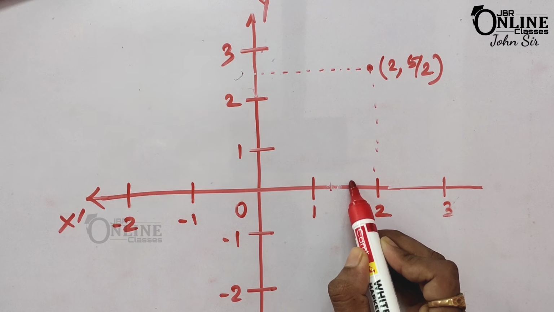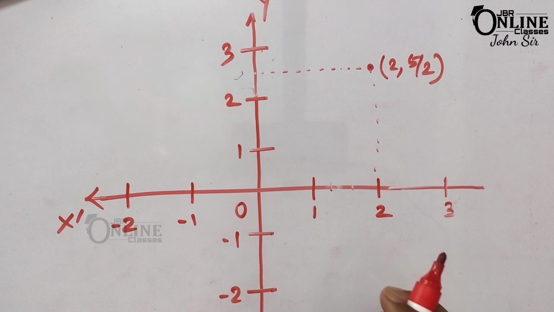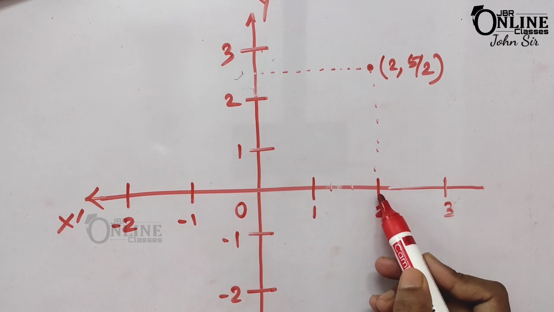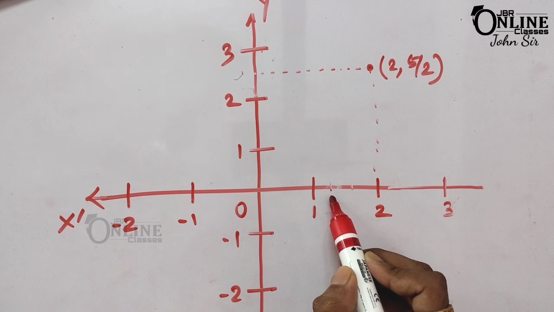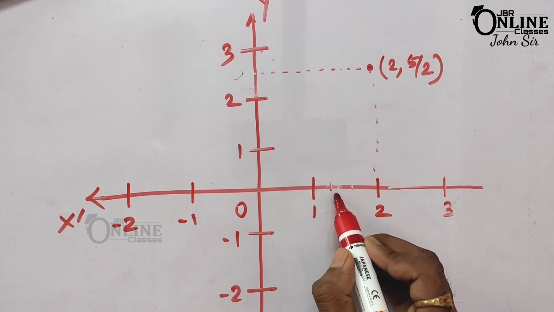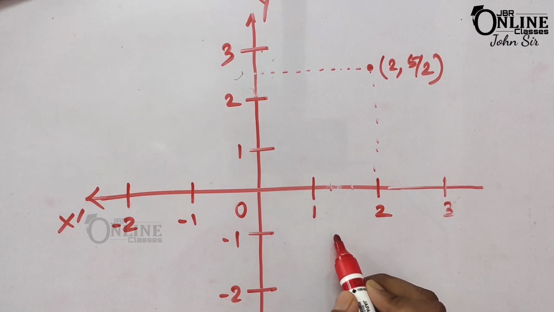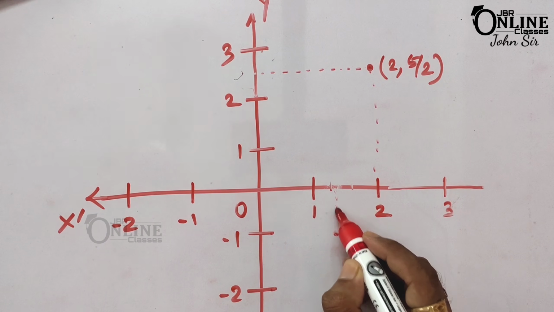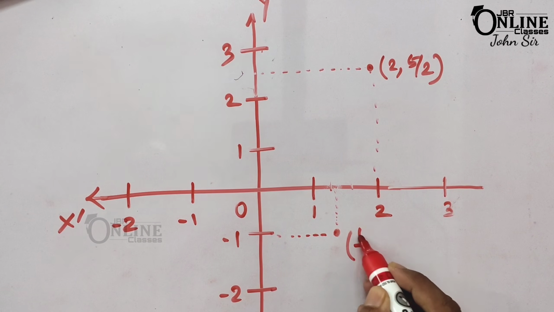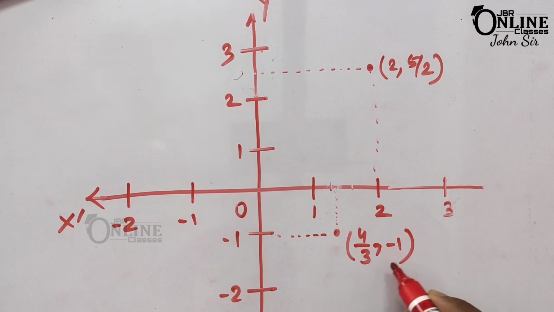Okay, so 1.3 and after that 1.6, and after that 1.9, which is very close to 2. So suppose this one here is 1.3, that means 4 by 3 and then minus 1, that means here. So the point will be approximately this portion. So this is the point, that is 4 by 3 minus 1.